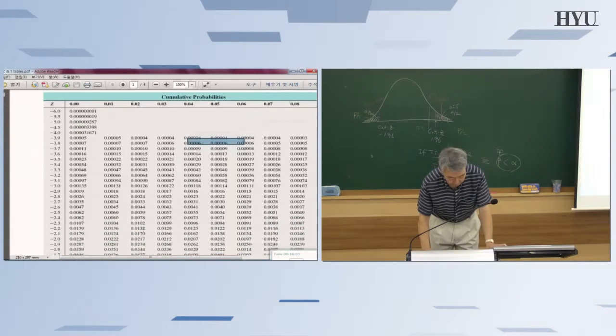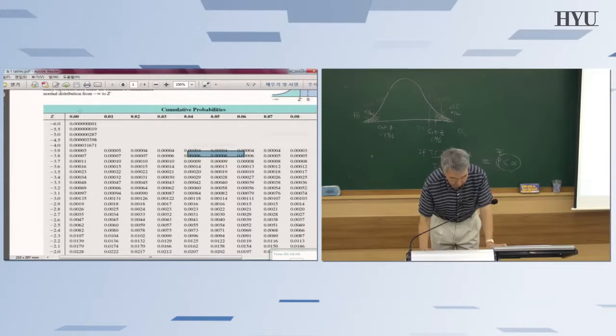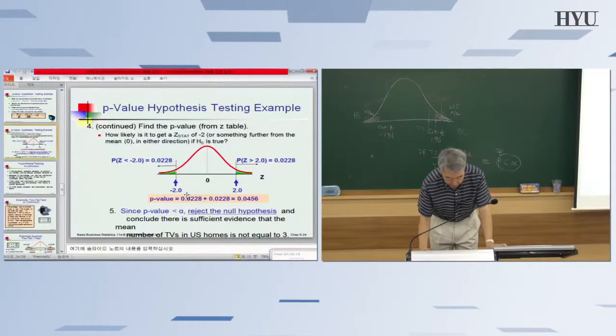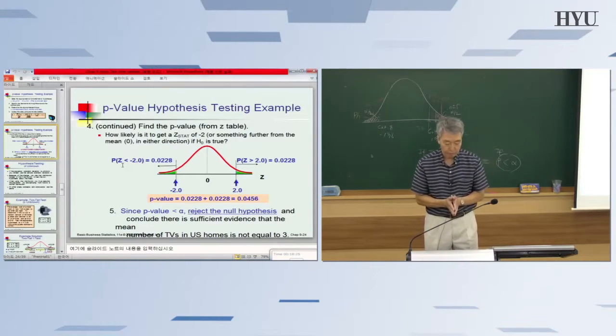If you go to negative 2.00 here, you know how to use the z-table, right? That area is 0.0228. The probability that the z-score will be less than negative 2.0 is 0.0228, right?